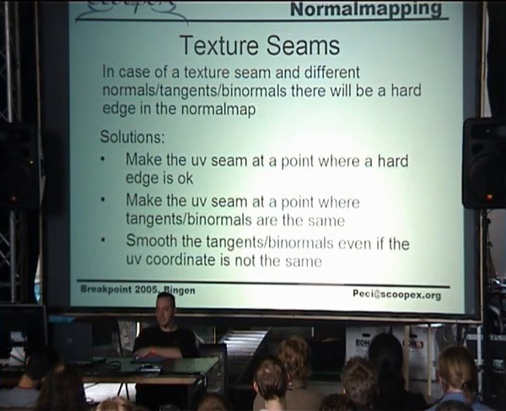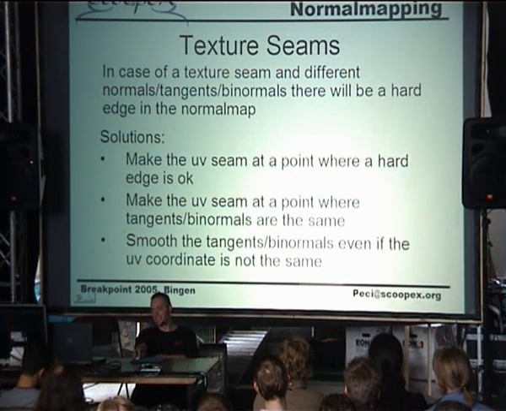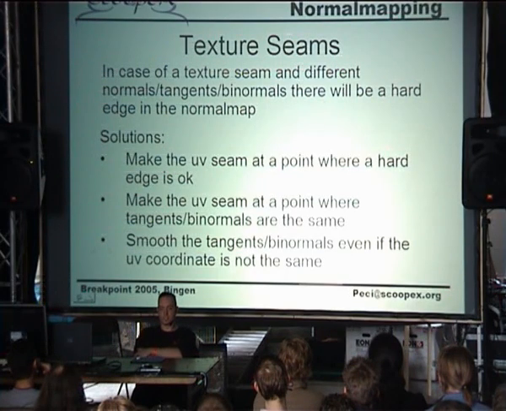You will see that seam in the normal map. The easiest solution, or kind of a workaround, is to put the seam at the same position where there would be a seam in reality. For example, on trousers you have seams, and there it doesn't matter.